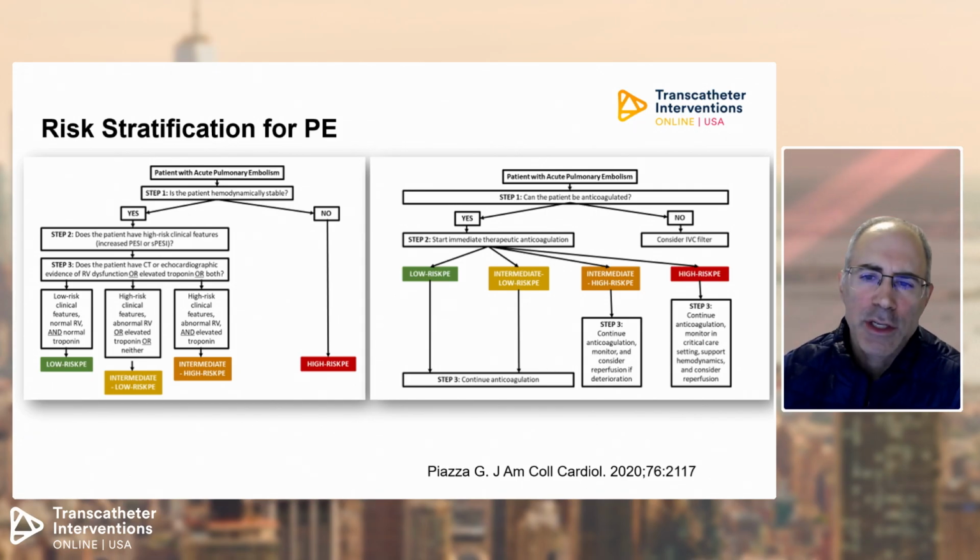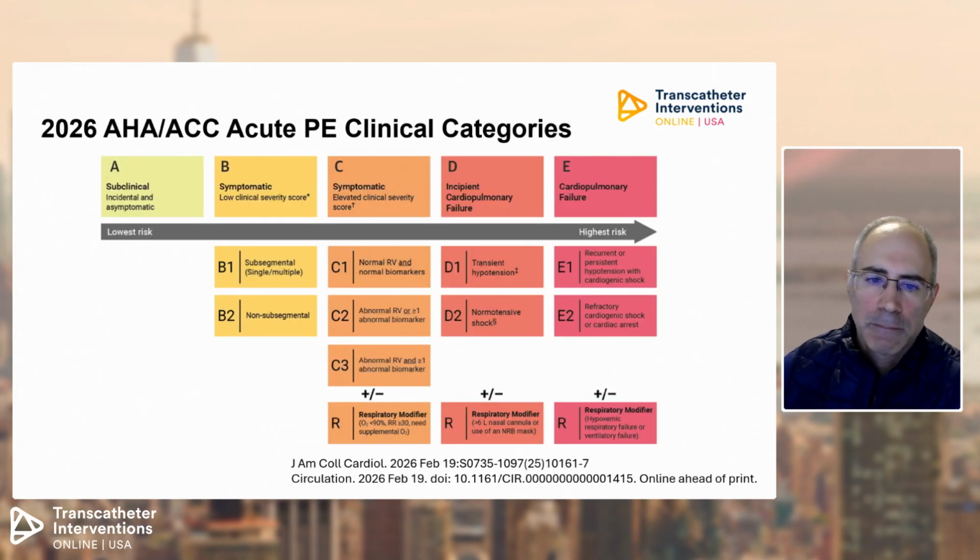The area of interest for PE response teams and for clinical trials has been the intermediate-high-risk PE patients, those with abnormal right ventricular size or function on imaging and an elevated troponin. The ESC 2019 guidelines were to watch those patients very closely and consider reperfusion if there's deterioration or if for some reason they weren't responding to anticoagulation.